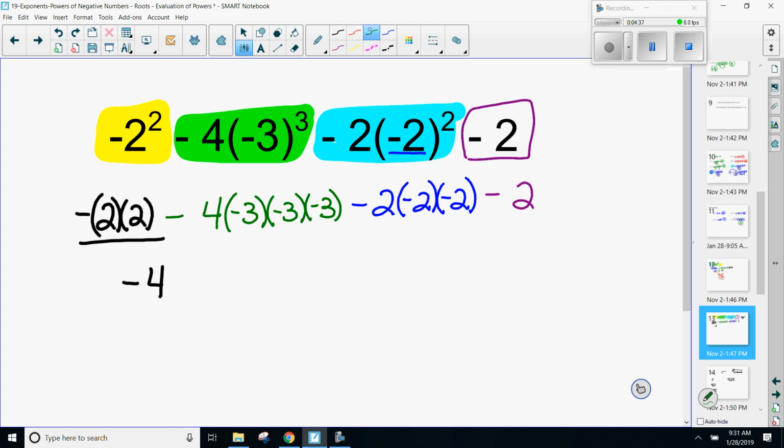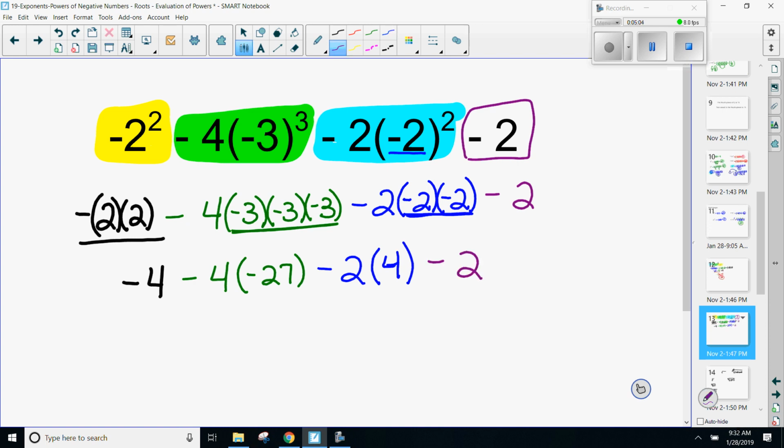Now, I saw a lot of you do this, so you have negative 4. And if I raise to the power first, what's negative 3 times negative 3 times negative 3? Negative 27. Then I have minus 2, and if I deal with that power that we had, negative 2 squared is 4. And then we have the minus 2. So we have negative 4. I'm going to simplify each term, so I want to multiply.